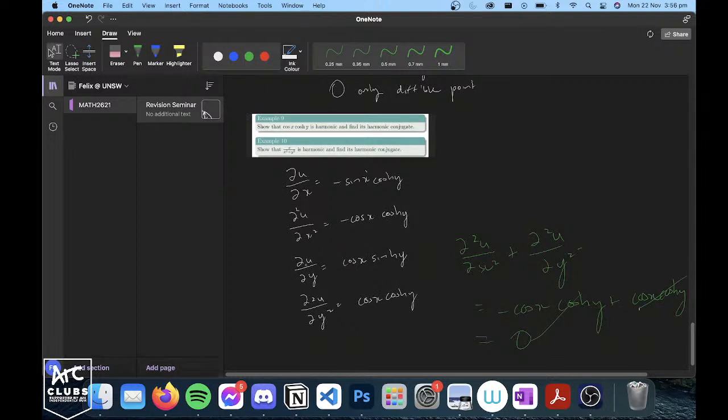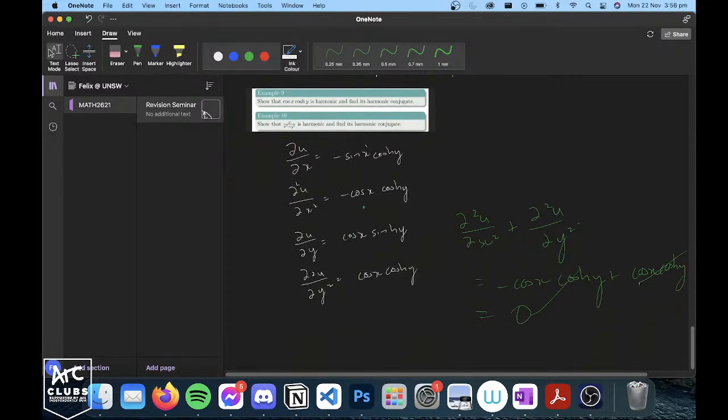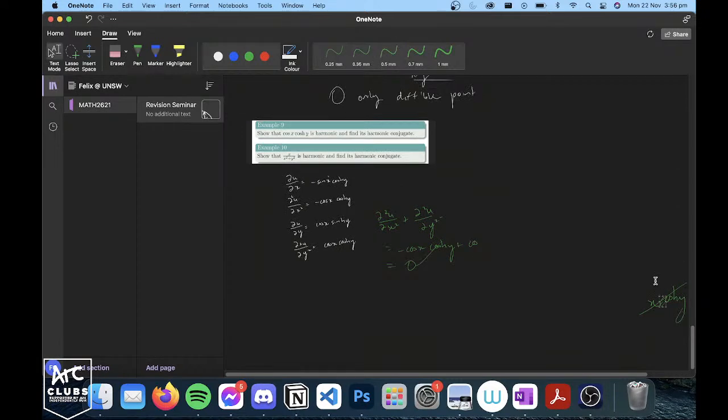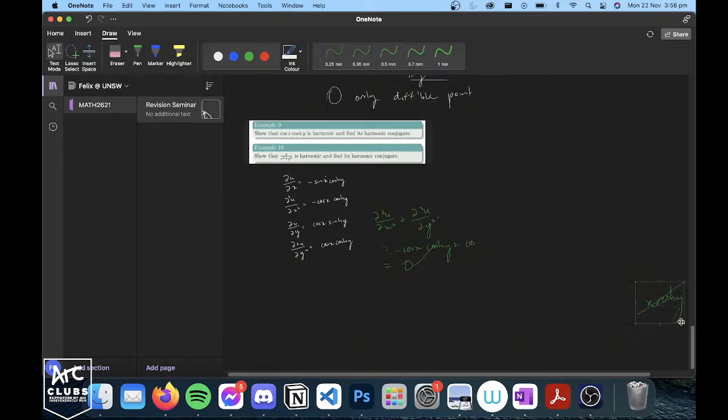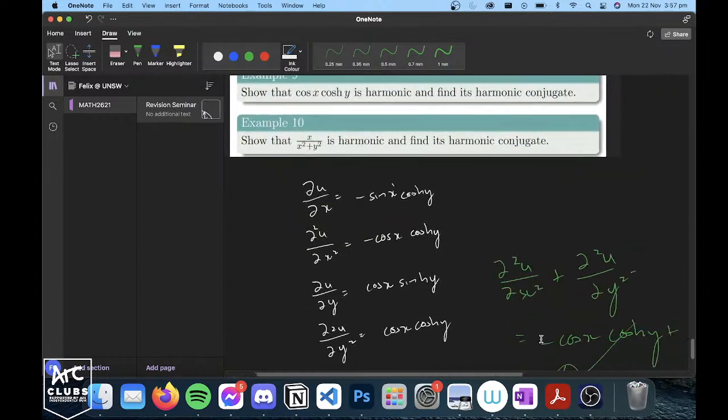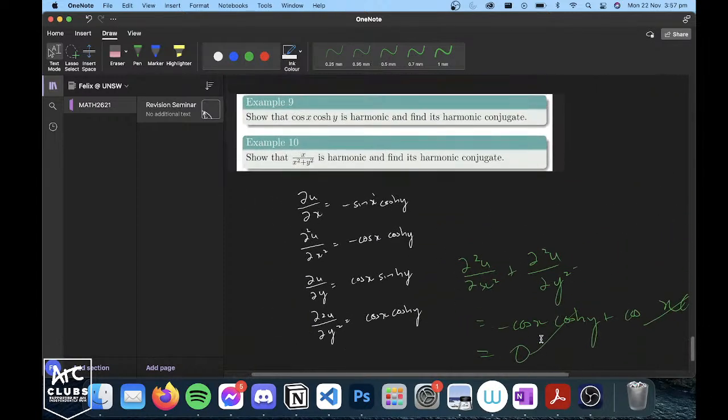And so it does satisfy Laplace's equation, and it is harmonic. Okay, and now find its harmonic conjugate.